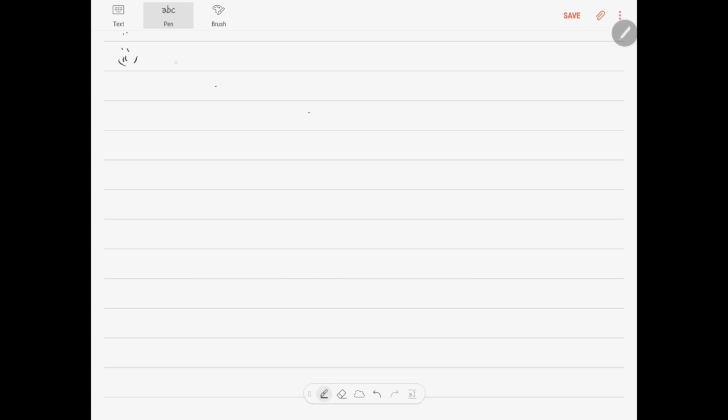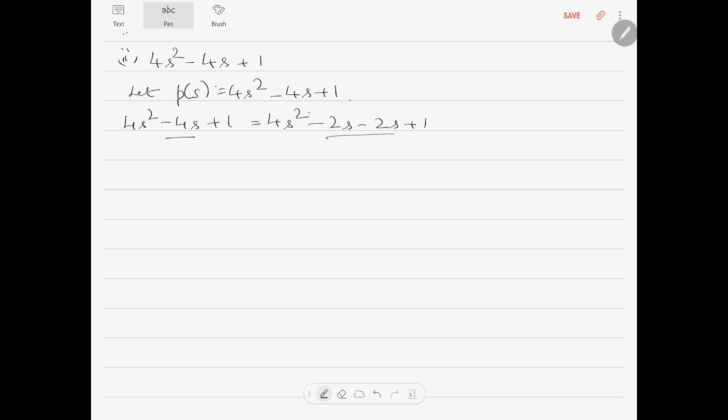Problem number 2. 4s square minus 4s plus 1. Let p of s be equal to 4s square minus 4s plus 1. By the method of splitting the middle term, we can write minus 4s as minus 2s minus 2s.